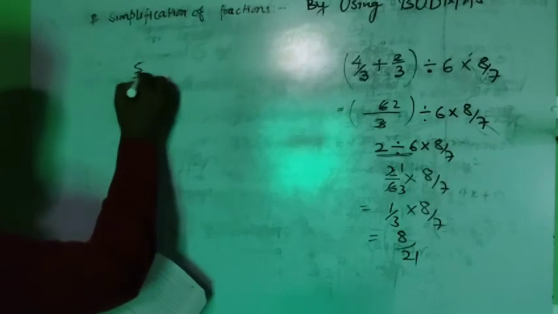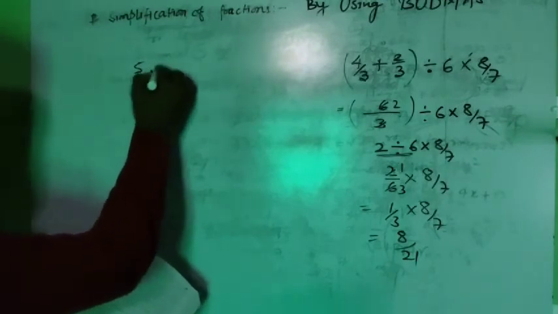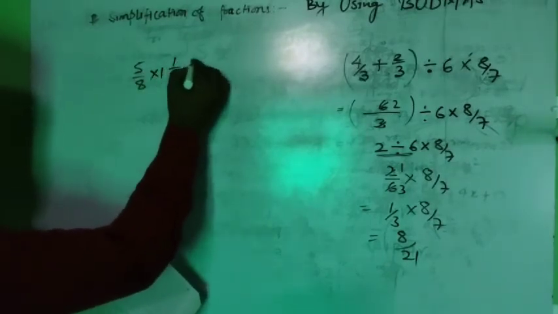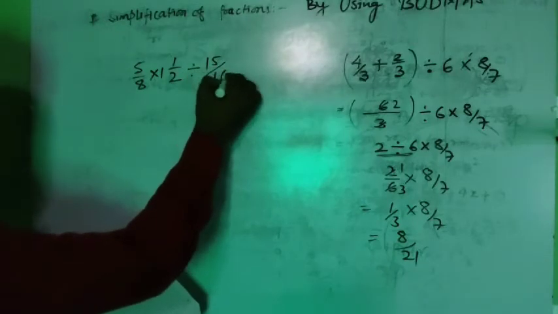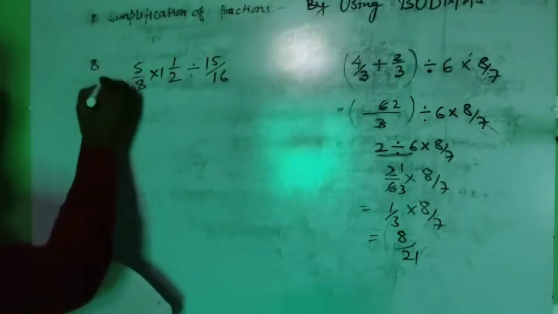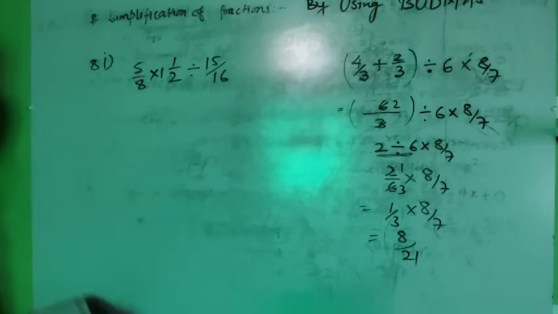Suppose one question is here: 5/8 into 1 whole 1/2 divided by 15/16. This is question number 8, part 1.